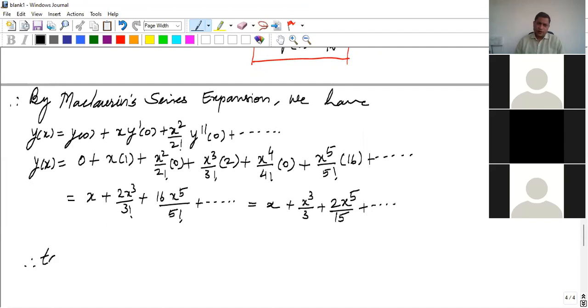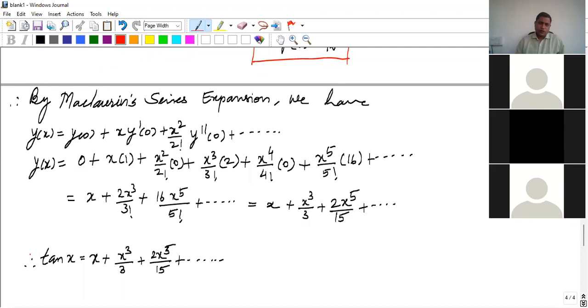So what we calculated, actually, is tan x. So tan x is x plus x cubed by 3 plus 2x raised to 5 by 15, and so on.